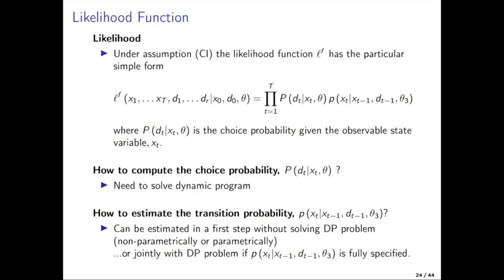That simplifies the whole likelihood function a whole lot, because the fact that the transition density factors in this particular way also makes it possible to write the likelihood function as a product of the choice probabilities P, the conditional choice probability, conditional on X, and then the Markov process in this case, or the state variable process more generally.